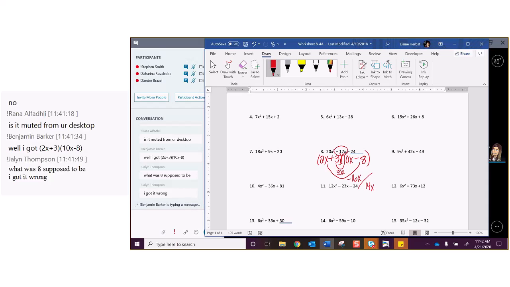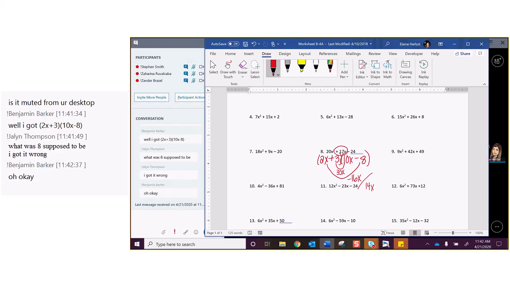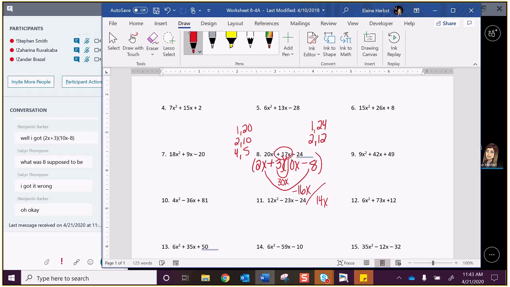So this is where that guess and check concept comes into play. And a problem like this is one of the harder ones. Why is this problem so hard, number 8, compared to maybe like number 4, number 9 even? Because there's a lot of factors. Yeah, the number 20 has 1 and 20, 2 and 10, 4 and 5. 24 has 1 and 24, 2 and 12, 3 and 8.